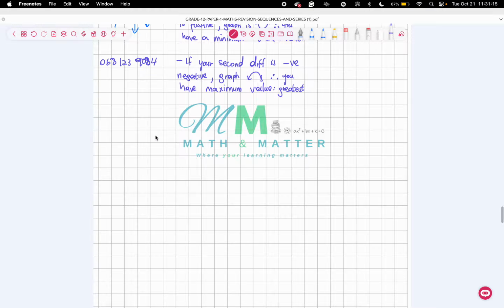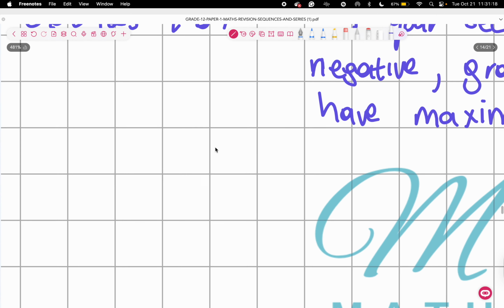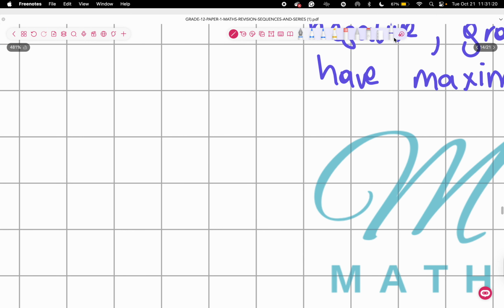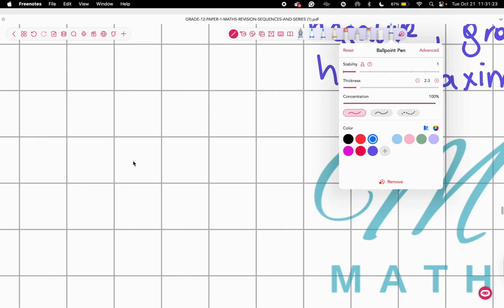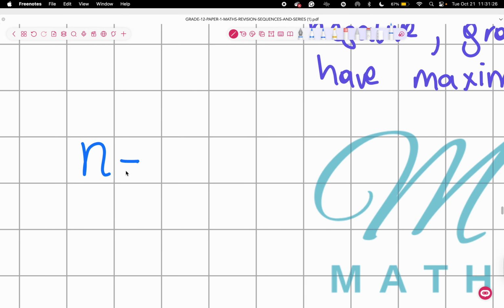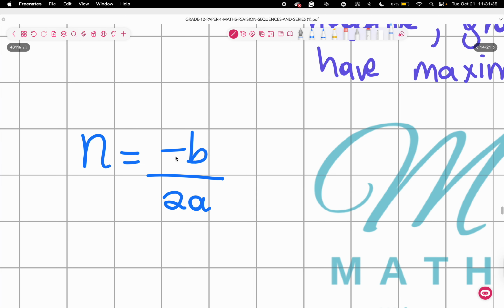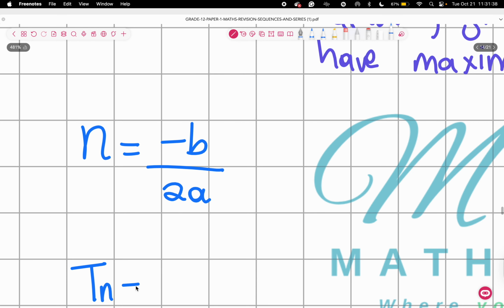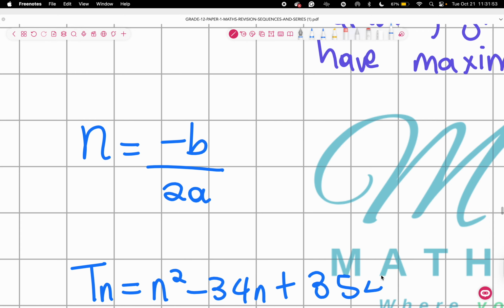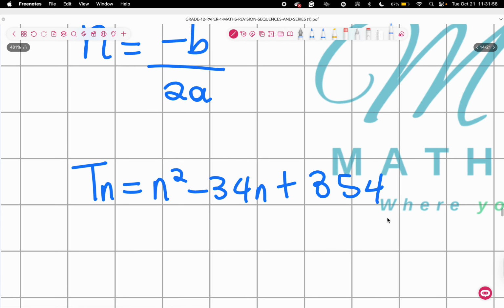So the first one is where you have a formula that says, let's go back to blue, n is equal to negative b over 2a. So the b is from the formula, the a is from the formula. Remember, we have Tn is equal to n squared minus 34n plus 354.